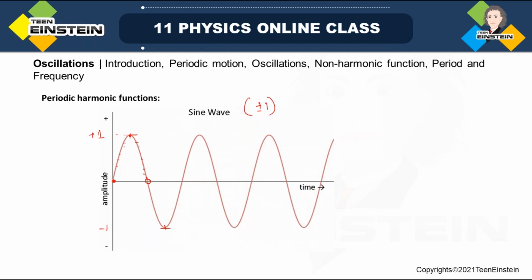So it started from zero, goes to positive maximum, then decreases and goes through zero, goes to the other side with maximum value minus one, and then decreases to zero. This is called a complete oscillation.